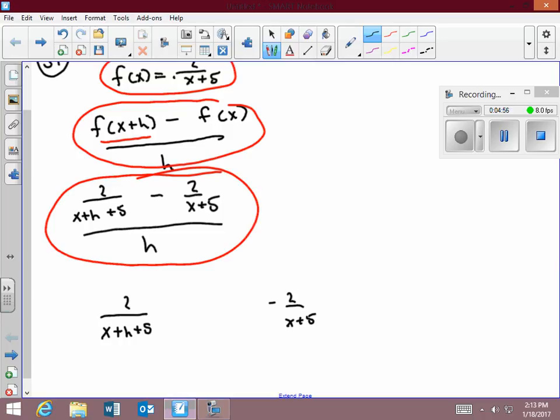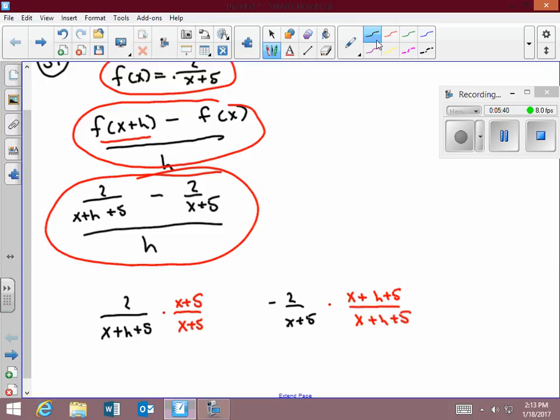And the common denominator is x plus h plus 5 times x plus 5. So what you have to do is get a common denominator. So this has to be multiplied by x plus 5, right? You build your denominators. And then this has to be multiplied by what? X plus h plus 5. Very good. That's correct. Does everyone agree? Do you see you get a common denominator?